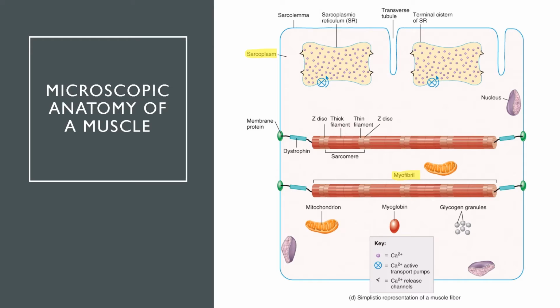These are going to be the contractile organelles of skeletal muscle. Myofibrils actually extend the entire length of a muscle fiber, and they have these really prominent striations that make the entire skeletal muscle fiber appear striped or striated.